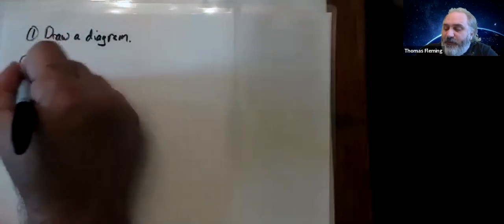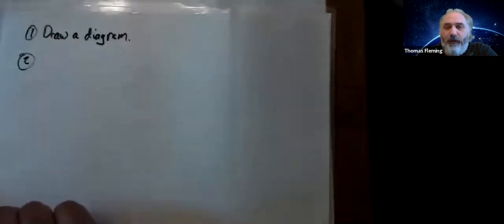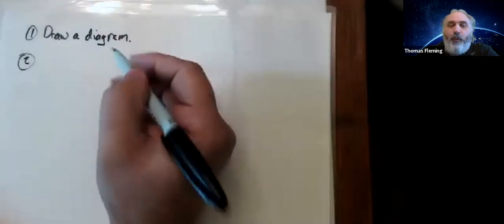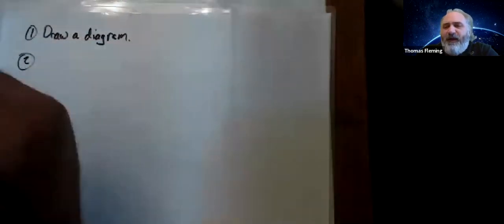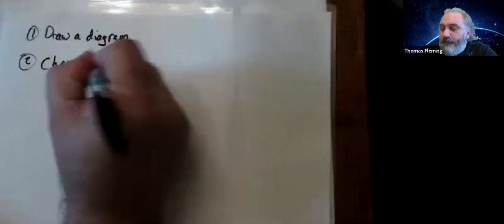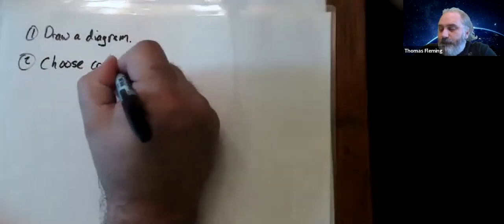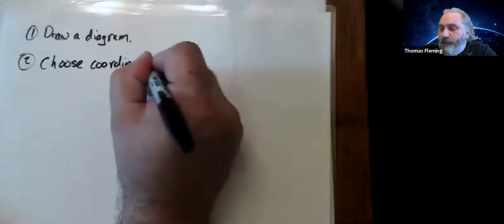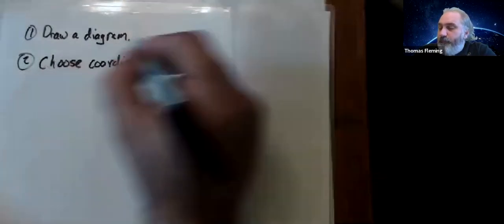The second step of every problem back in chapters 2 and 3 was that once we had a diagram, we ended up choosing a coordinate system, and take inventory.